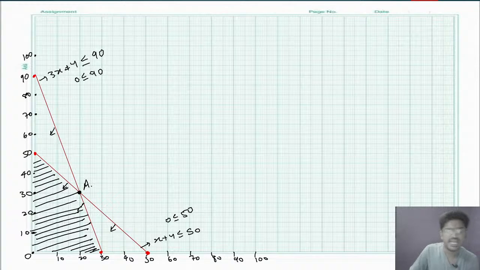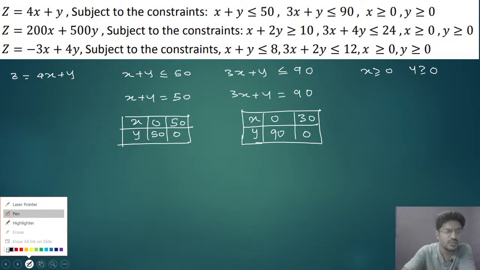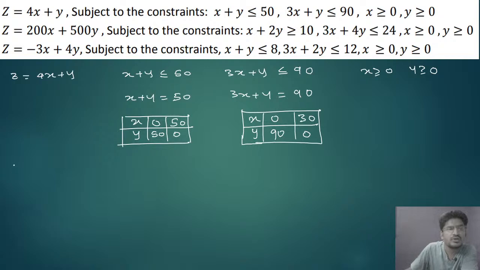Let us take this as A. So if you want to find this point A, you have to solve these two equations. For point A, you can take x plus y equal to 50. Another one is 3x plus y equal to 90.